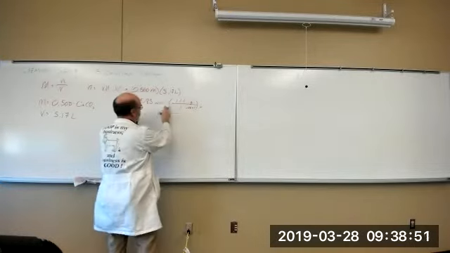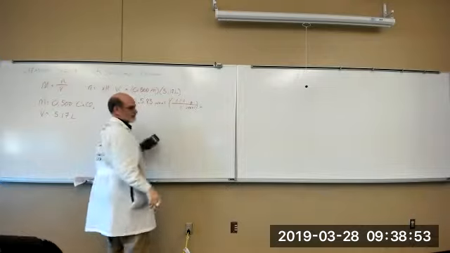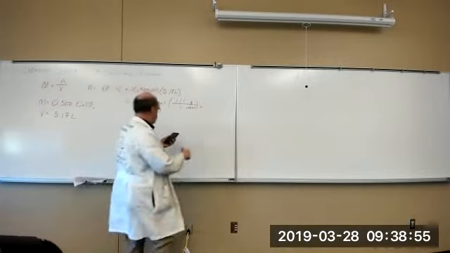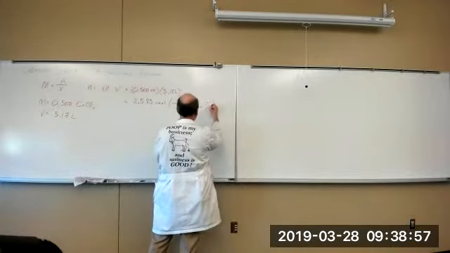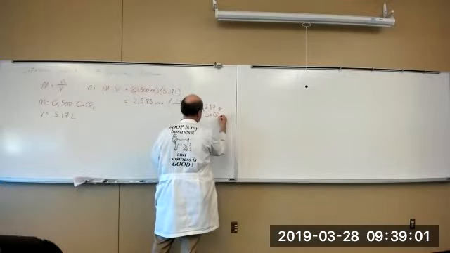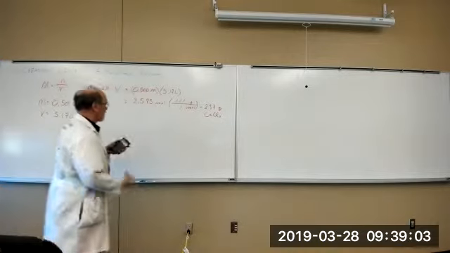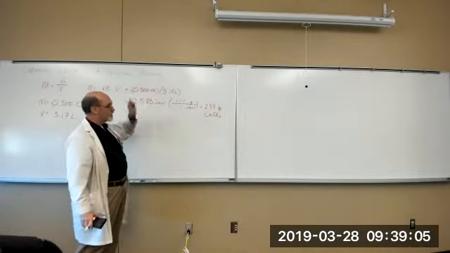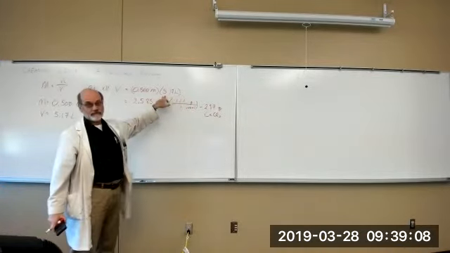Oh, it's probably a lot because we're making a huge amount of solution, 5 liters. So I get 287 grams of calcium chloride dissolved in a final volume of 5.17 liters.